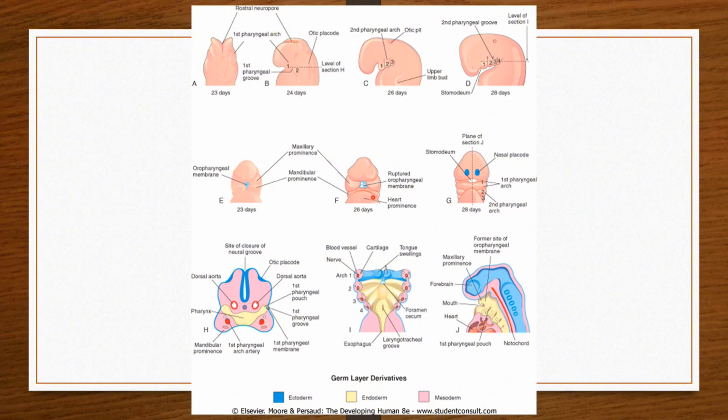Again, in further development you can see the maxillary prominence and then the mandibular prominence, and here the oropharyngeal membrane has now ruptured, and there is an open communication of the oral cavity with the amniotic cavity. And in this diagram with further development you can see the nasal placodes have developed, the first pharyngeal arch, the second, third and fourth are present, and this one is the opening of the oral cavity, the stomodium.